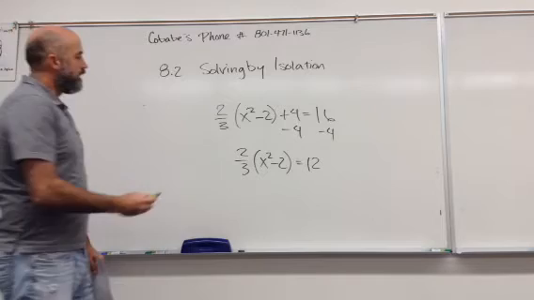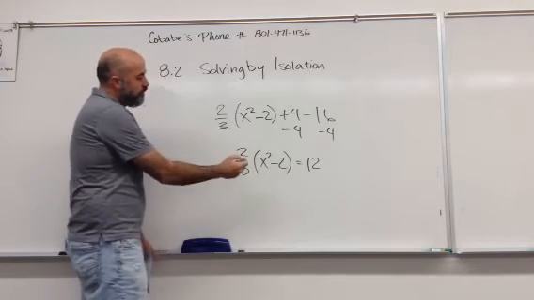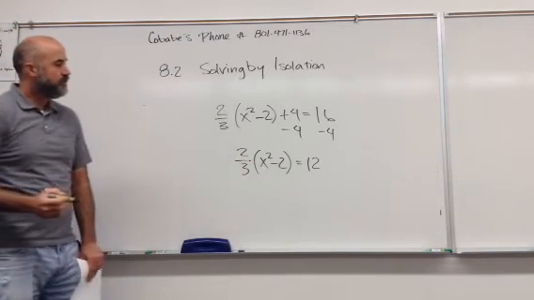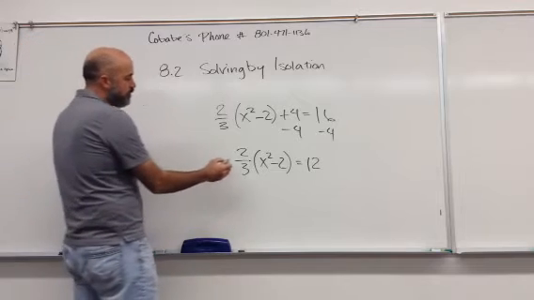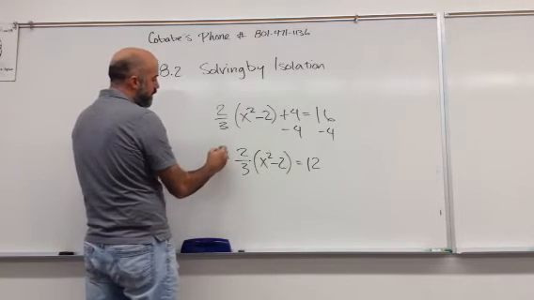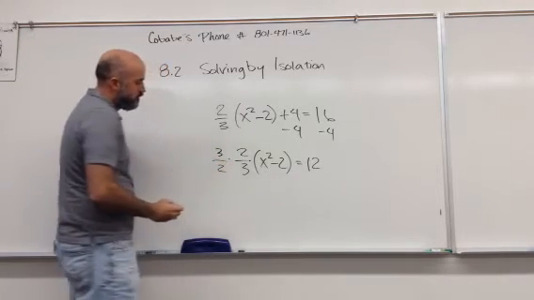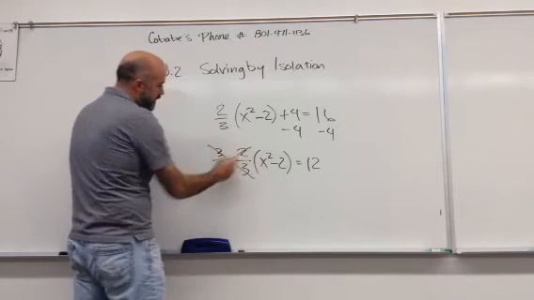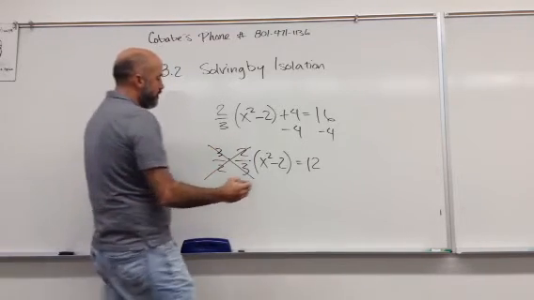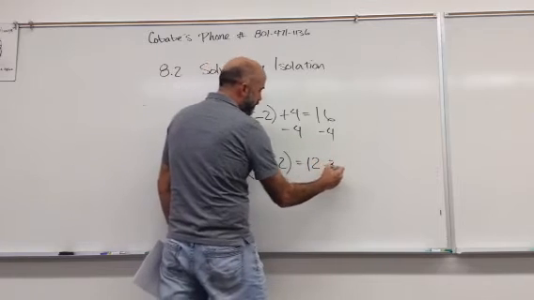Now I need to undo this multiplication. So to undo that, I'm actually going to multiply by 3 over 2. That cancels that out. But I need to do it to the other side. Multiply this by 3 over 2.